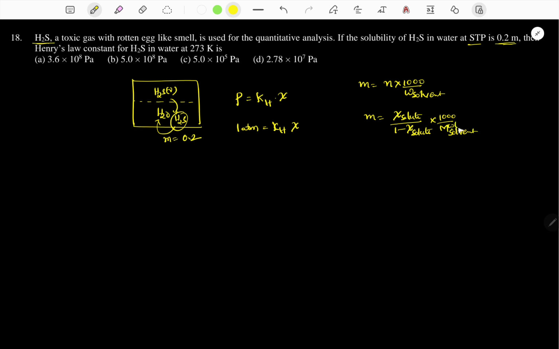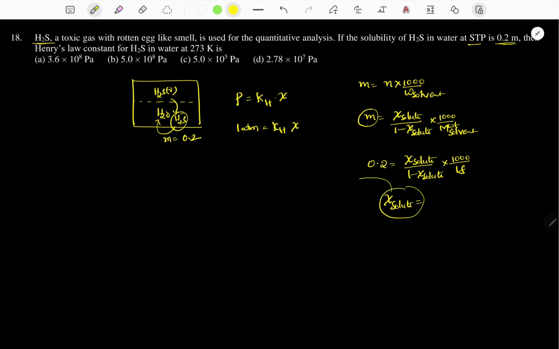Here we know the molality, so 0.2 is equal to mole fraction of solute upon 1 minus mole fraction of solute, into 1000 by molecular weight of solvent, 18. From this we calculate the mole fraction of solute.